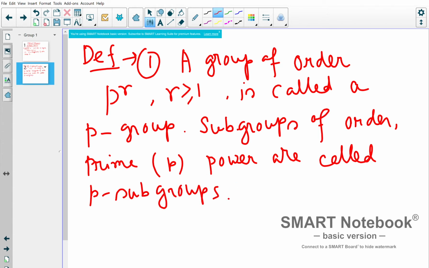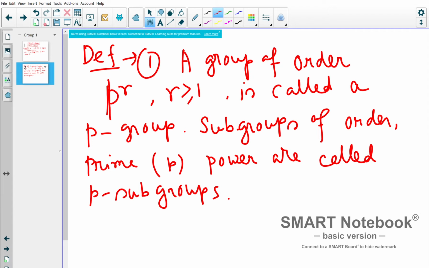Clear? So this is my first definition. Whenever I say a p group, I mean the order of the group is some p power. And when I say p subgroups, that means this is a subgroup of the group and the order is p power some integer.